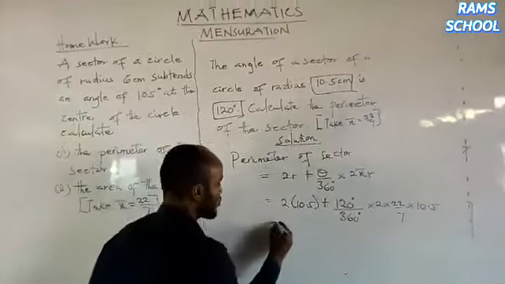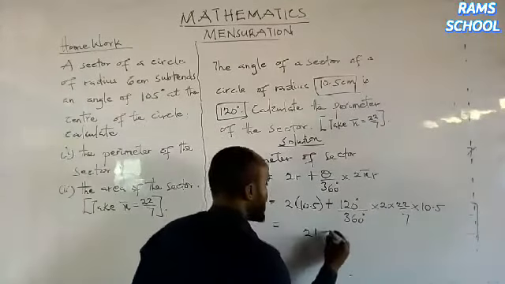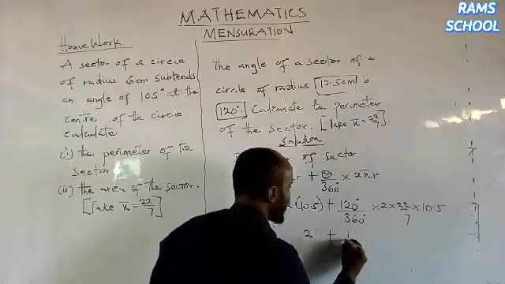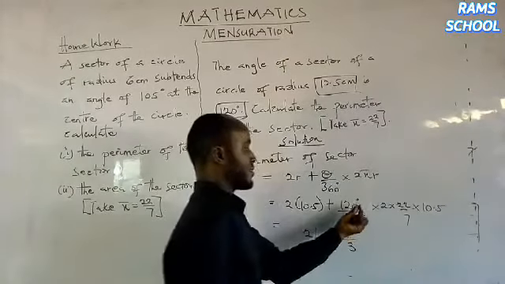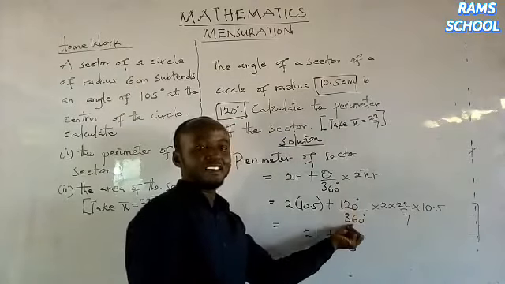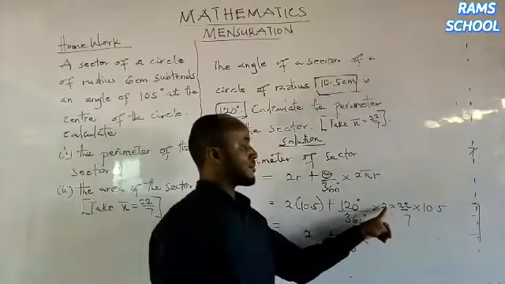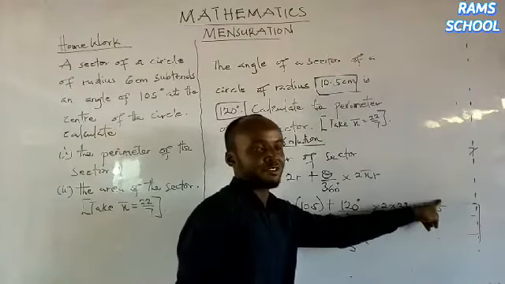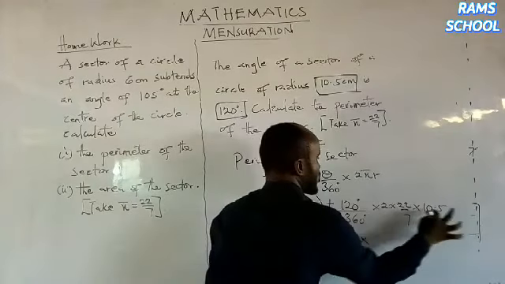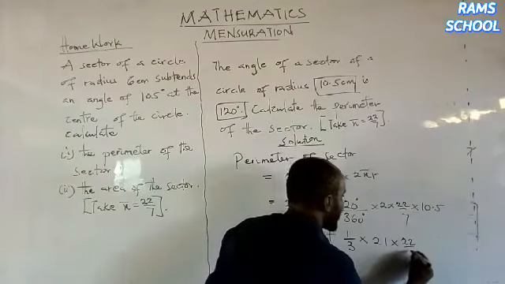So let's quickly go through it. 2 times 10.5, we get 21. 21 plus, here you can simplify it to get 1 out of 3, because the 0 cancels out, 12 divides itself 1, and 12 divides 36 3 times. For the ease of calculation, let's multiply the 2 by the 10.5 so that you can get a whole number. So 2 times 10.5, I'll get 21. So 21 times my 22 on 7.